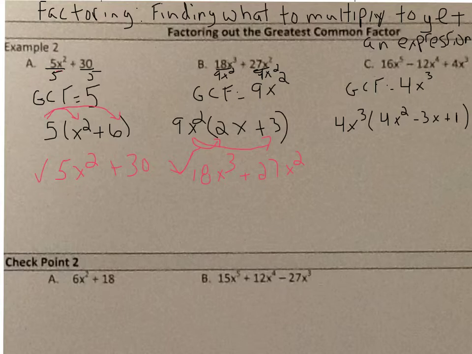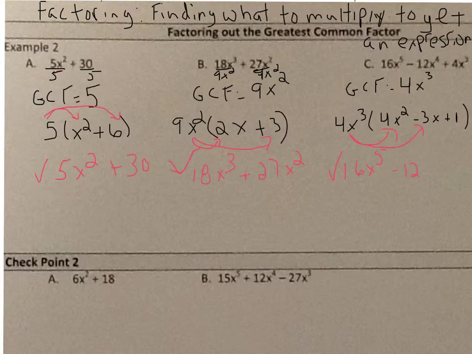If we did the check here, we distribute 4x cubed times 4x squared, that is 16x to the 5th. 4 times 4 is 16. X cubed times x squared, you add the exponents. 3 plus 2 is 5. 4x cubed times a negative 3x, we got 4 times negative 3, that's negative 12. X cubed times x, we add the exponents.